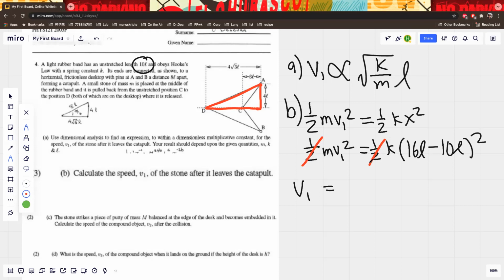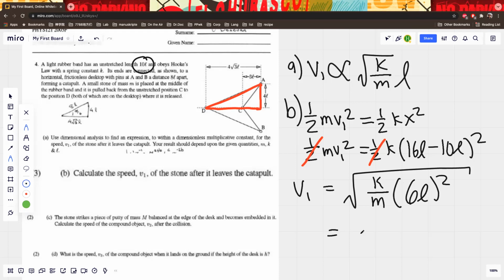We just divide by M and then square root it. So we have K over M and 6L squared. And so this just ends up being 6L square root of K over M.